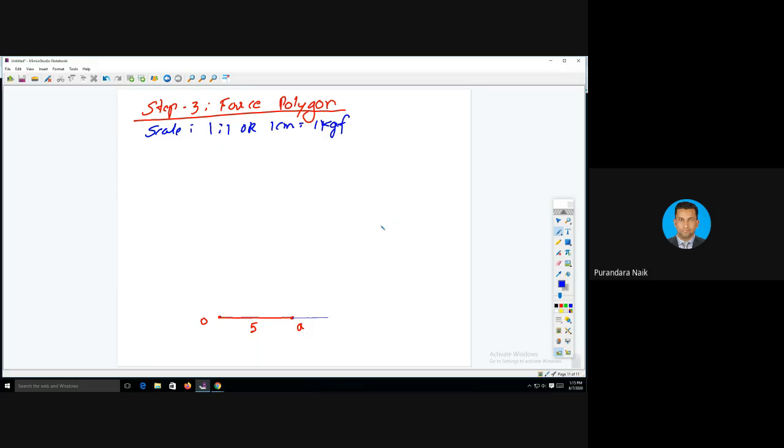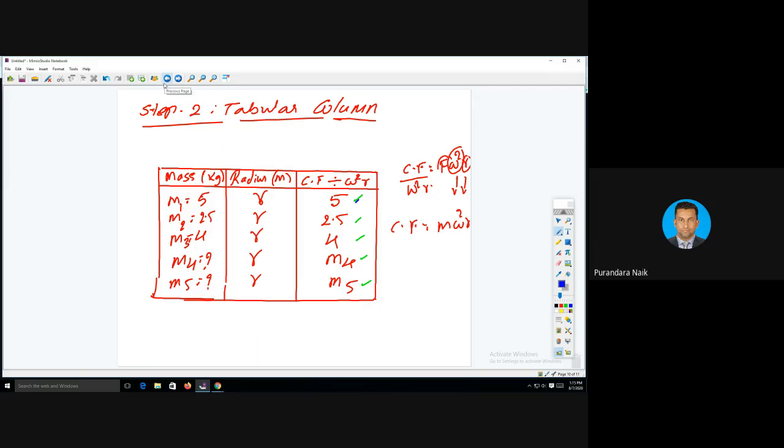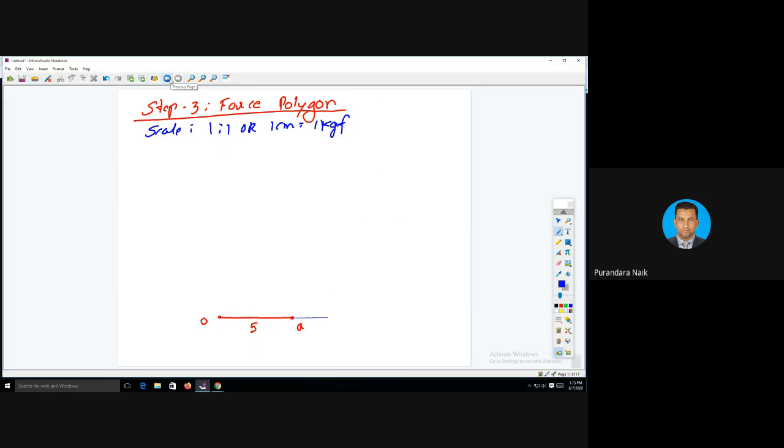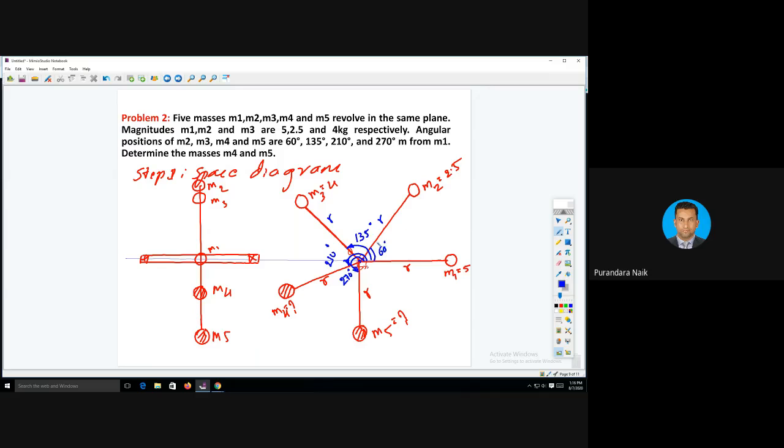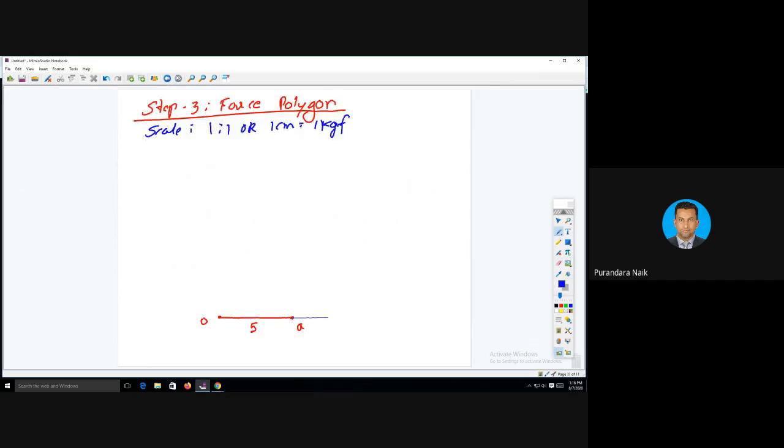After that, you need to do the second one, that is mass 2, M2. The force due to mass 2 is 2.5 kg, which means 2.5 centimeter at 1:1 scale. But what is the angle of M2? The angle of M2 is 60 degree. Measure 60 degree from the reference line, from this small blue line, and draw a line.